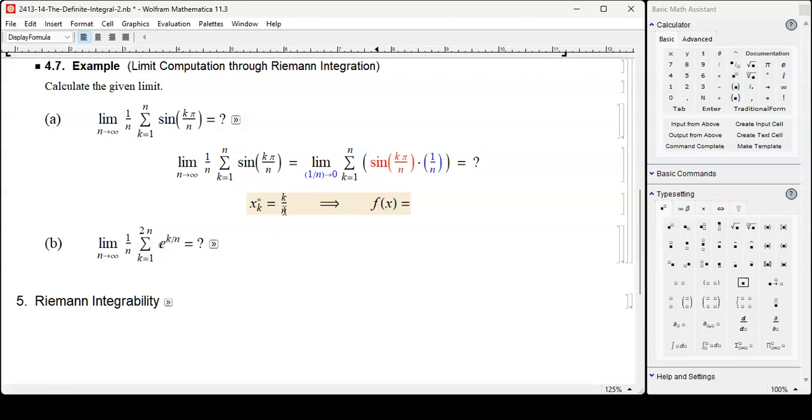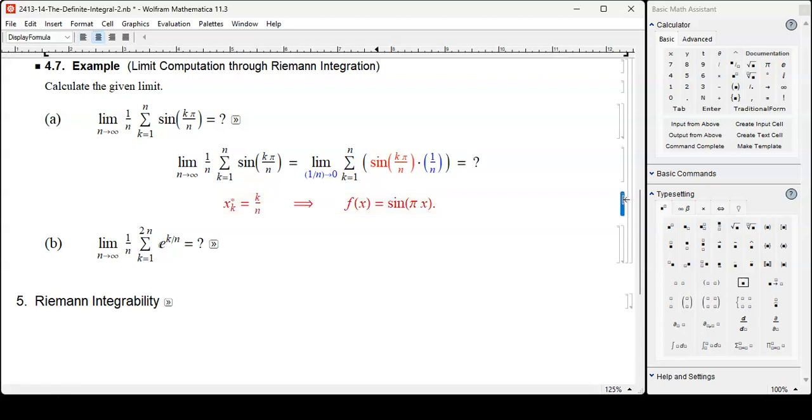Consequently, I can rewrite x as k over n, and x replaces k over n here, so my function is going to be sine of pi x. You see, pi is still there. K over n becomes x. So it's not just sine of x, but sine of pi x.